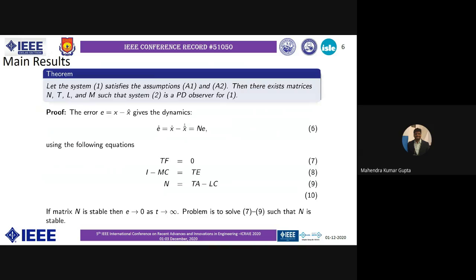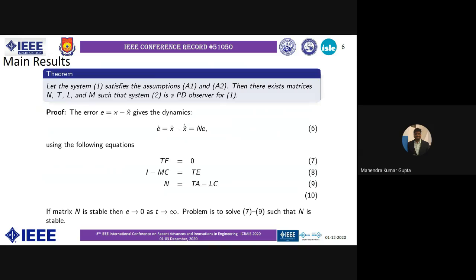So first we take error e equal to x minus x hat and we get the dynamics e dot equal to Ne. Now we can say that if matrix N is a stable matrix, if it is Hurwitz stable, then error will asymptotically approach 0 and system 2 is an observer for 1.